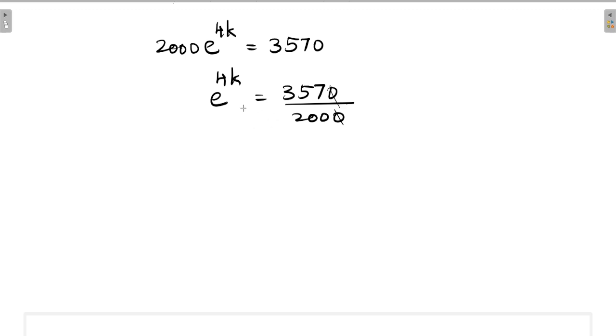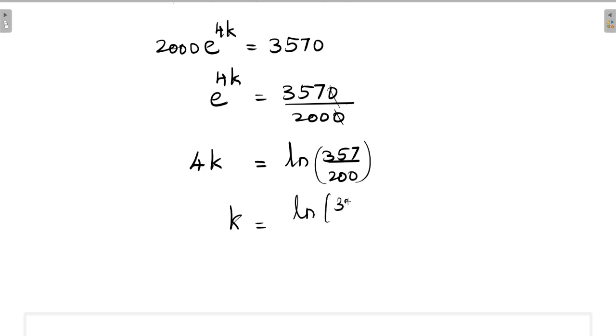Taking logarithm on both sides to remove the power, 4k times ln e, and ln e is 1, so 4k is equal to ln of 357 by 200. So k is equal to ln of 357 by 200 divided by 4.